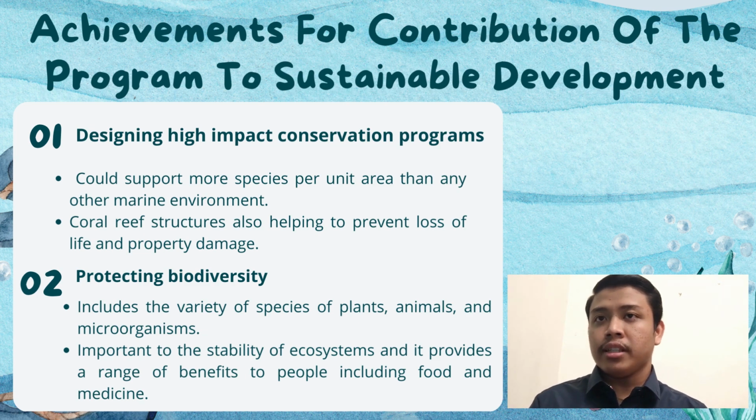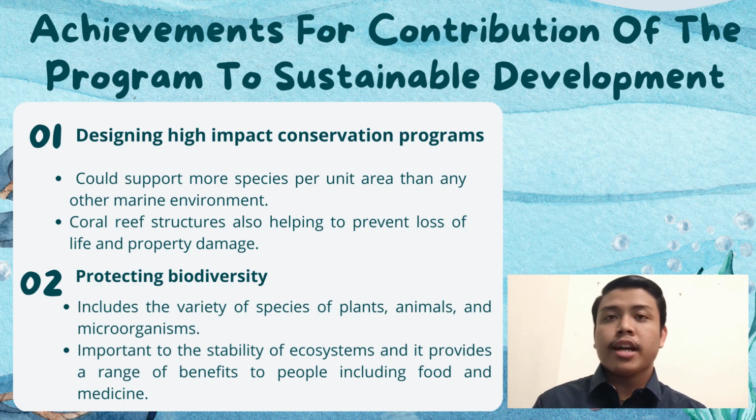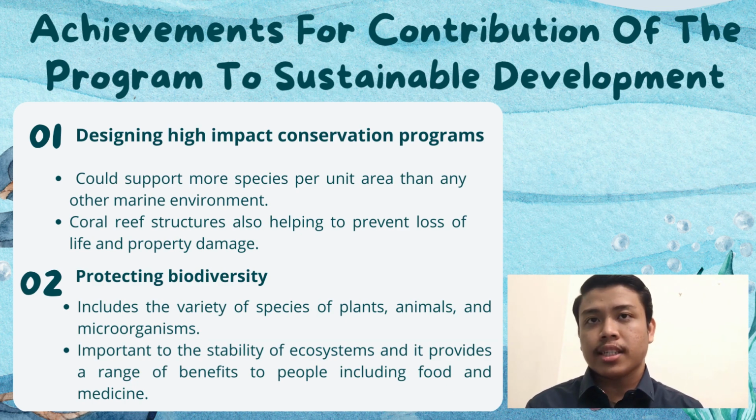Protecting biodiversity is an ideal achievement in a period of 20 years to contribute to the fauna habitat in the water as well as the habitat ecosystem. This includes the variety of species of plants, animals, and microorganisms.